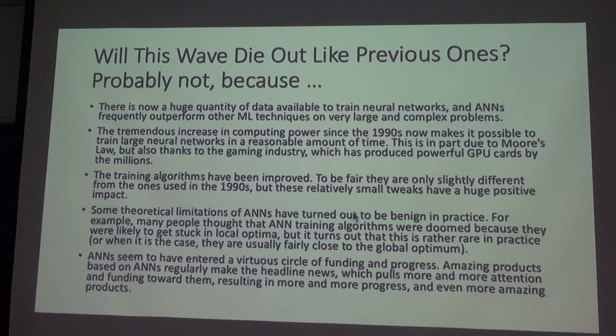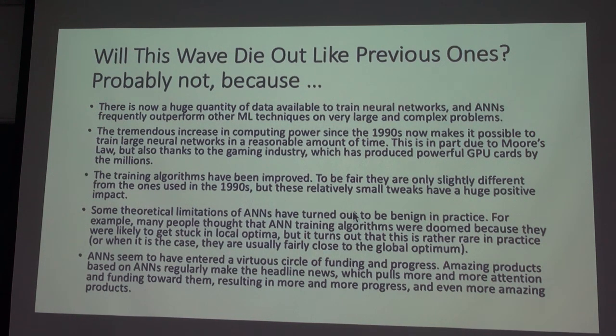First, as I said, now we have a huge quantity of data available to train neural networks. So ANN frequently outperforms other machine learning techniques on large and complex problems, such as the problems I just mentioned as examples.